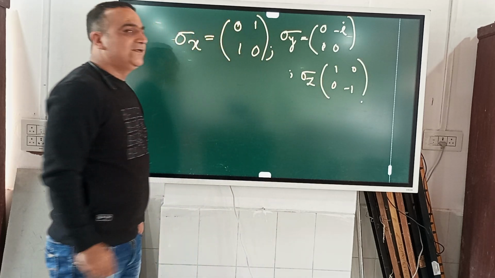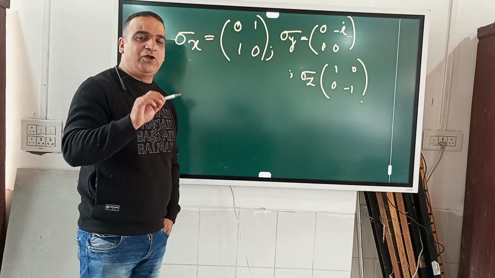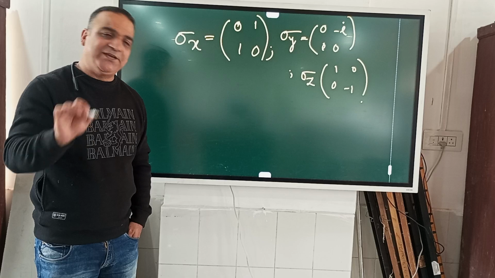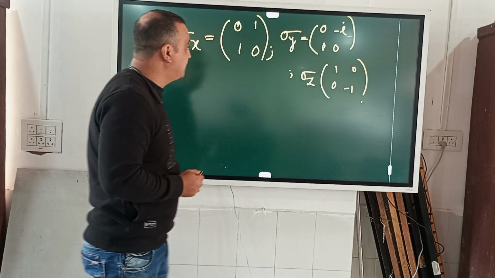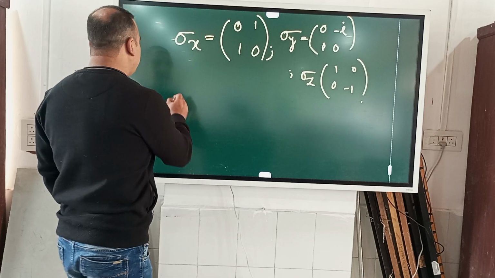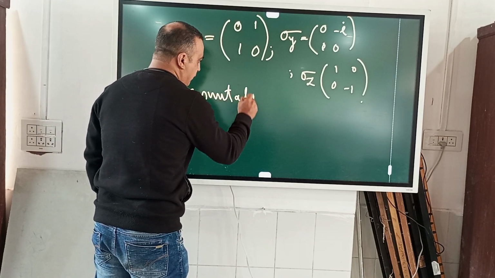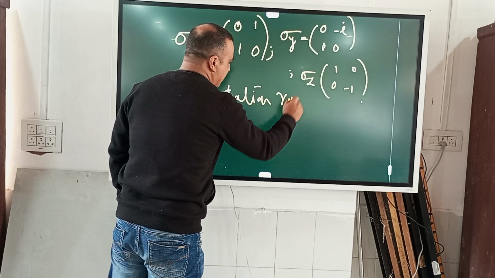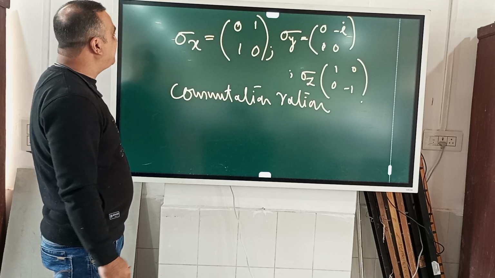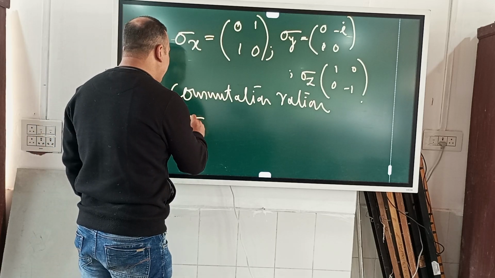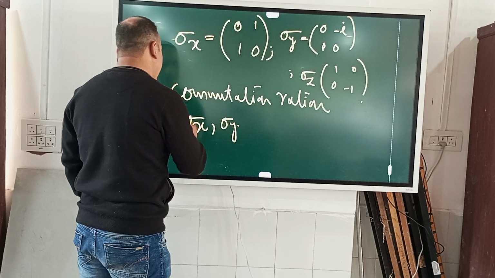These are our Pauli spin matrices, and I want to calculate the commutation and anti-commutation relations between them. So let's go with the commutation relation first. Say I have sigma x as an operator and sigma y as an operator.